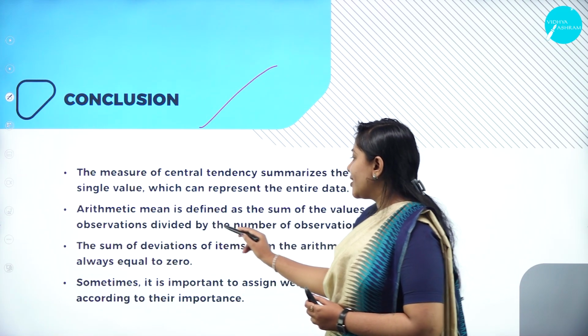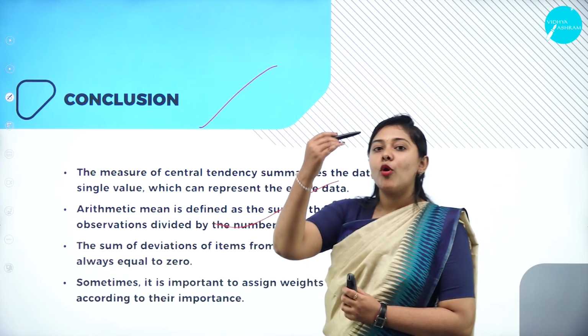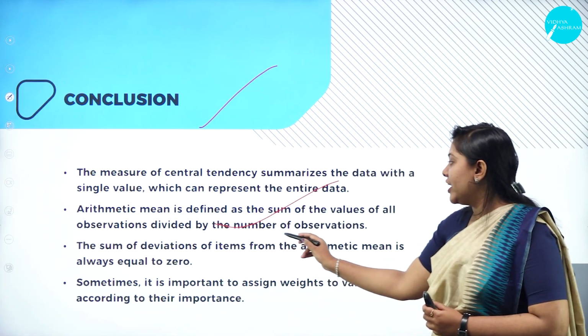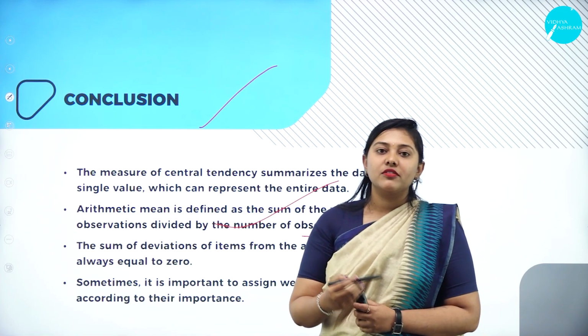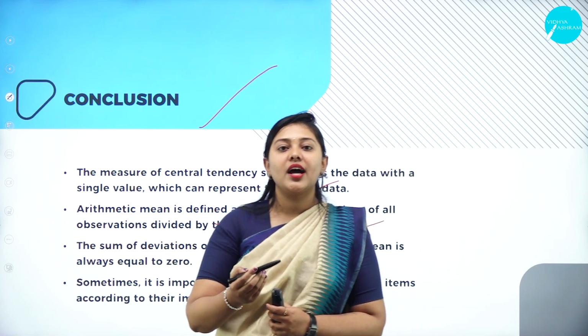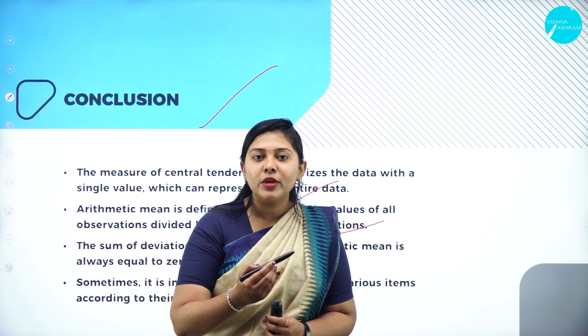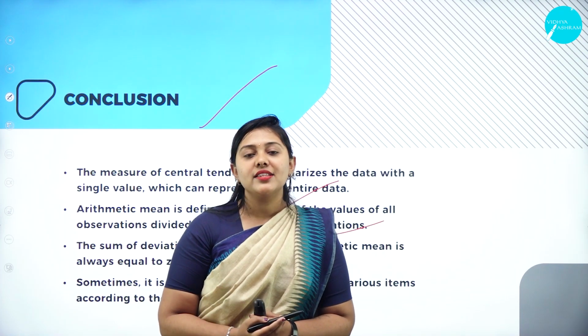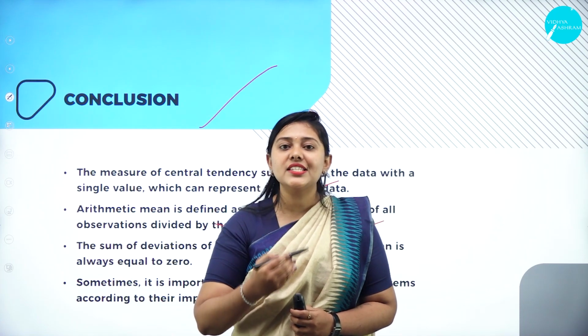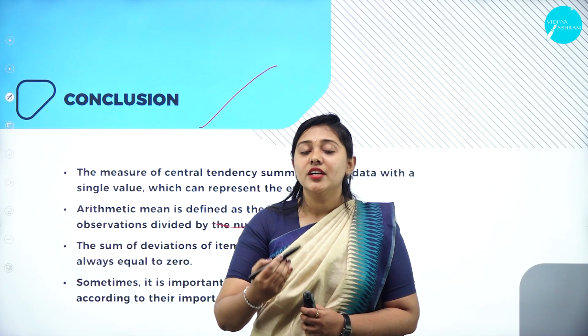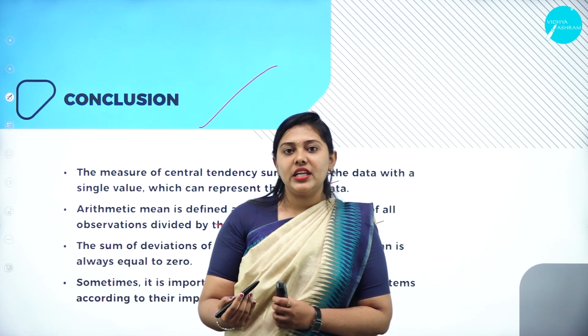Arithmetic mean, as I have told you, is the sum of all the observations divided by the number of observations. In the previous sessions, we have discussed the assumed mean method, direct method and step deviation method for each series: individual series, discrete series and continuous series.